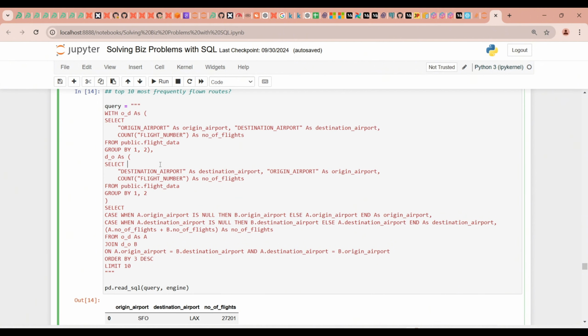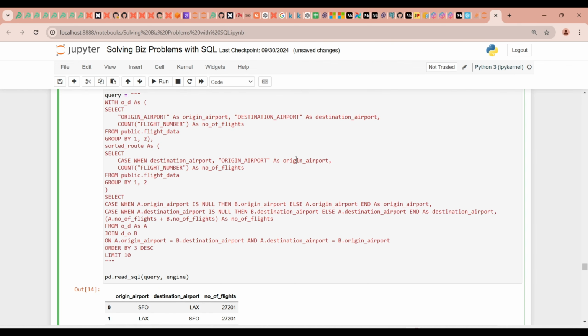So we say case, from this OD, sorted route as case when the origin airport is less than the destination airport, then we're going to use the origin airport. Else, use the destination airport.